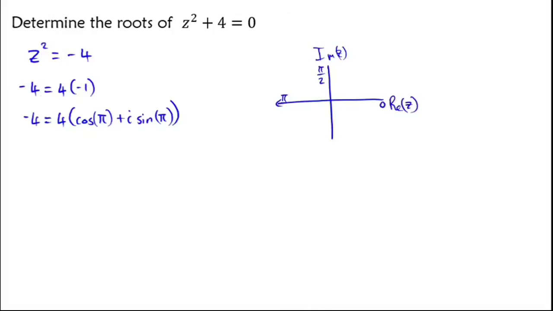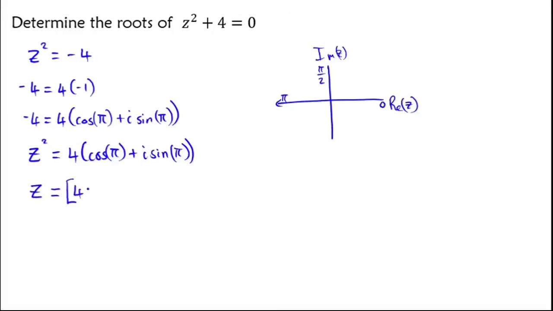Okay. So from here now, if -4 can be written like this, it means that z squared can be written as 4, open bracket, cos pi plus I sine pi. Then to get rid of that square that I have there, I can simply square root both sides. So I introduce a square root to both sides, and we know that the square root is just power half.